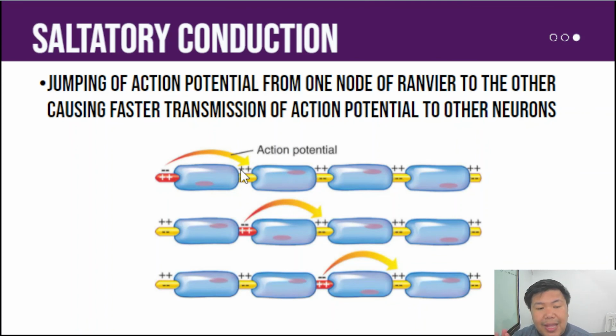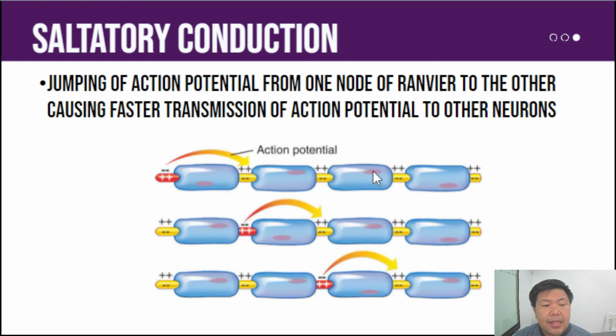So first, we have to understand that action potentials or depolarization cannot occur in the myelinated parts. So here and here, the action potential cannot flow, and the charge of those areas also cannot change. So Doc, if the current cannot flow there, and the action potential cannot flow there, why did it become faster?